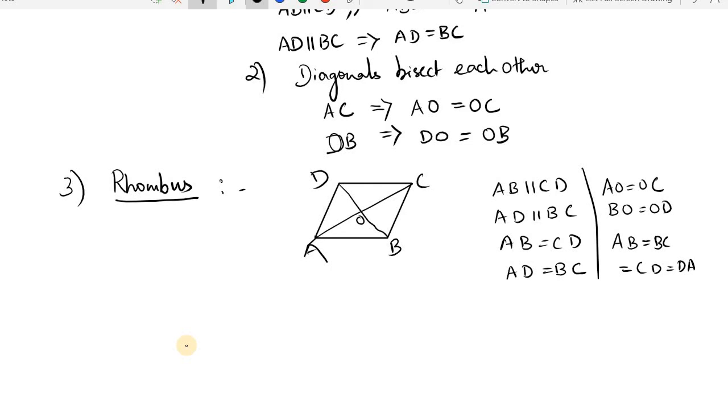All these four sides are equal. If I take a as one of the sides, then all the sides are equal to each other and all of them become a.